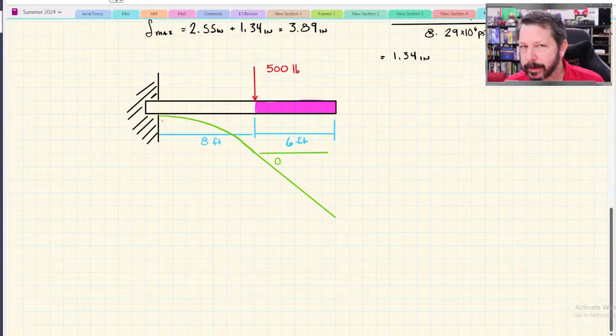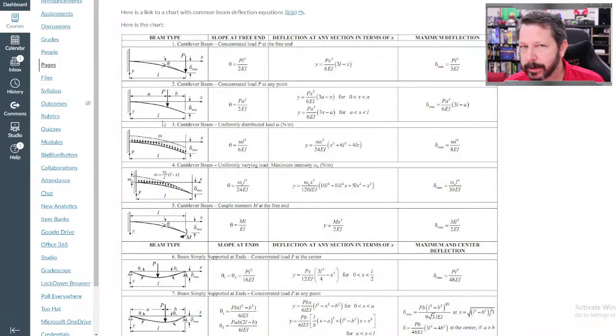So we can calculate this angle theta because case 1 tells us theta, the angle of slope at the very end of the beam. In this chart I don't have an equation giving me theta as a function of x. If I needed that, I'd have to go back to the theoretical approach that we used last time, or find a chart that did have that. Most charts don't. So PL squared over 2EI.